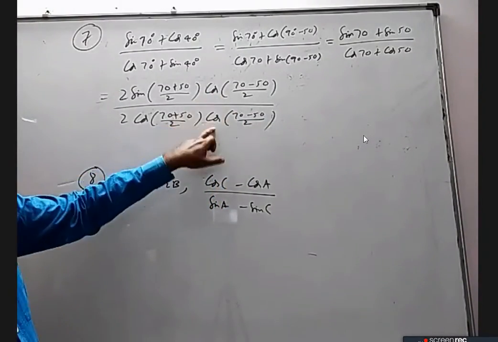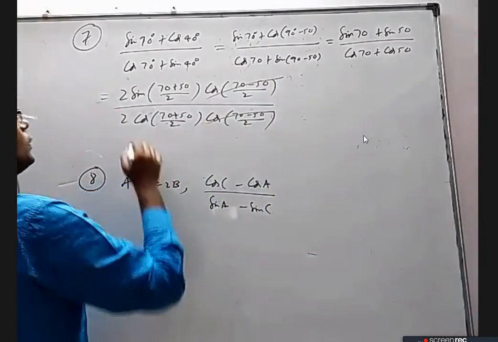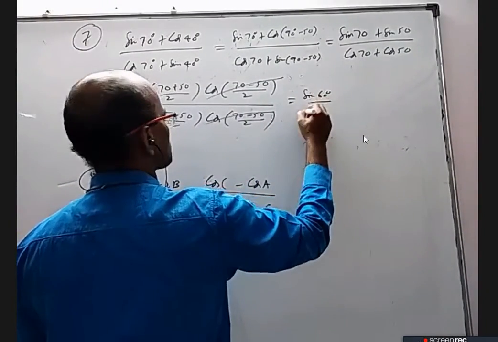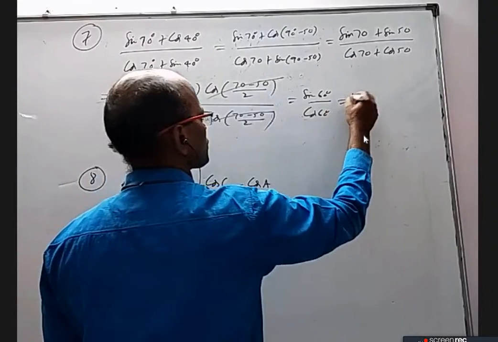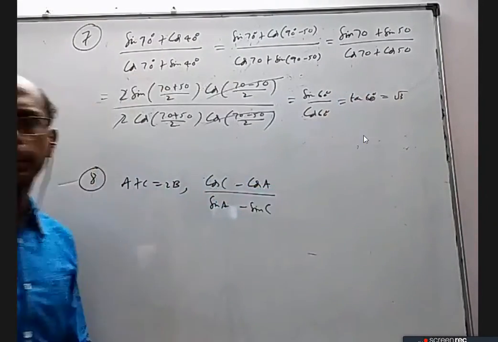I don't have to simplify this, both are same, they'll get cancelled. And this is sin 60 by cos 60, which is tan 60, which is root 3.